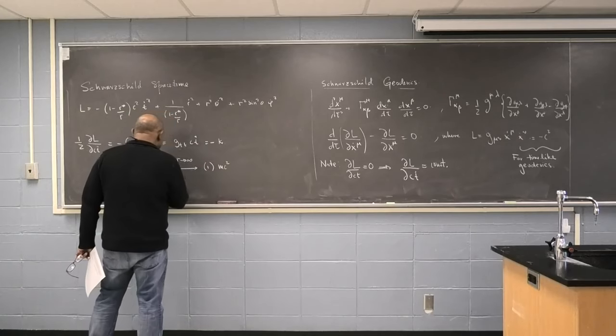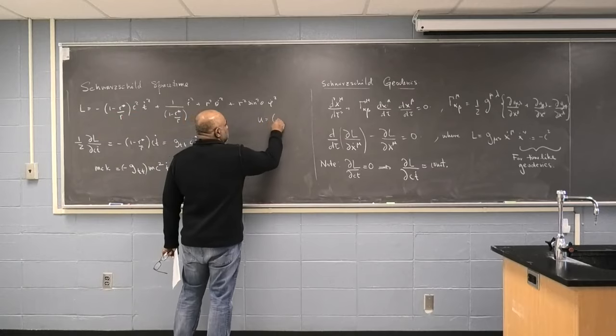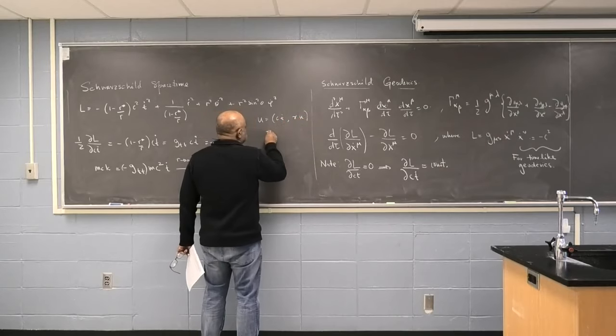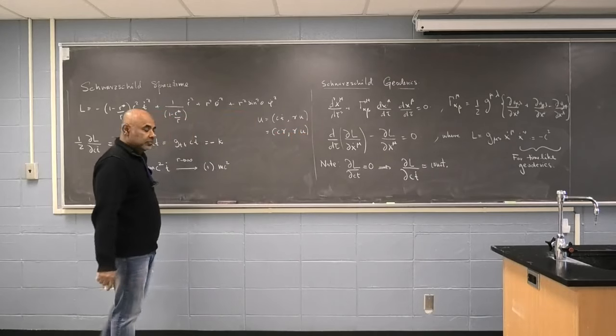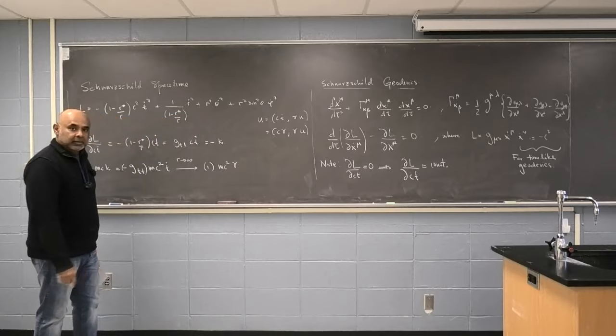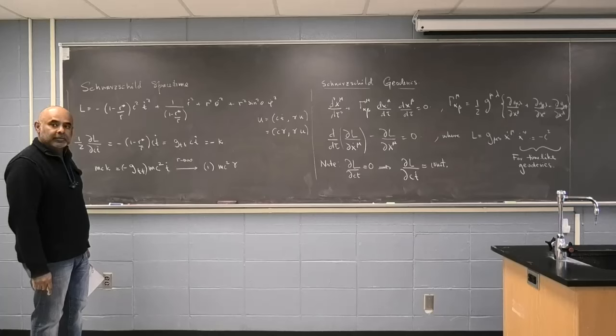mc squared t dot, look at this. u equals c t dot gamma u. Well, it's actually c gamma u. So t dot is nothing but, what is mc squared times gamma in special relativity? Is that energy?